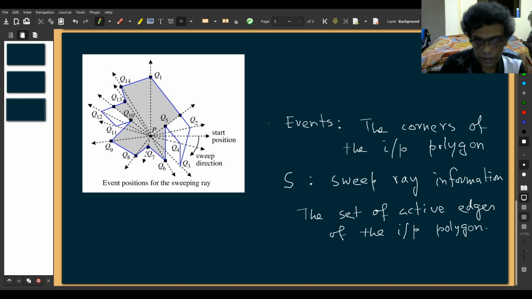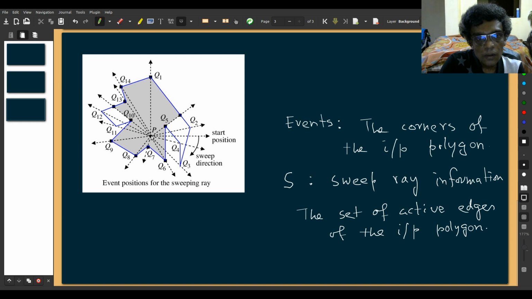If an edge like Q1Q2, Q2Q3 intersects with the current position of the sweep ray, then that edge is called active. Otherwise, it is non-active or passive. So, in the starting position, Q5Q6, Q4Q5 and Q2Q3 are the only 3 active edges.